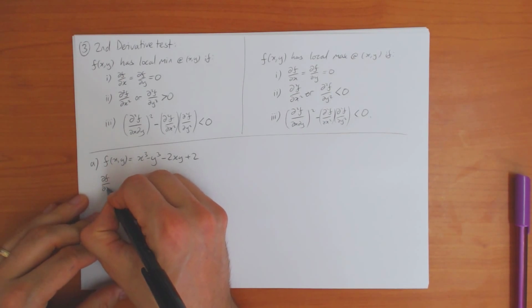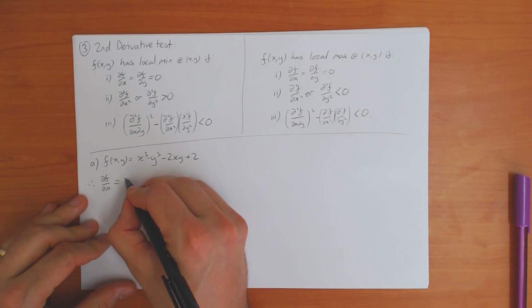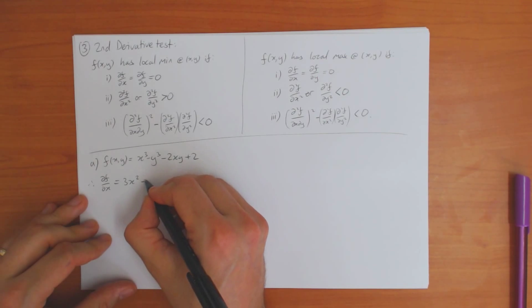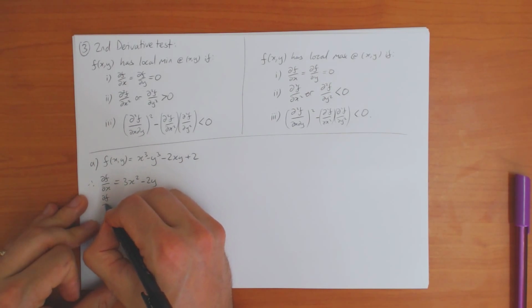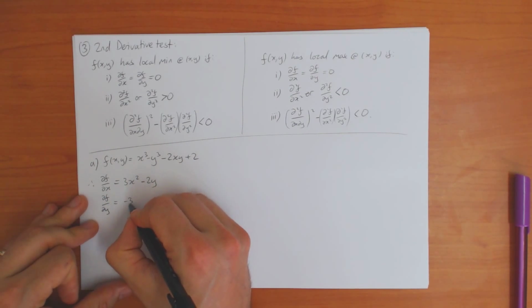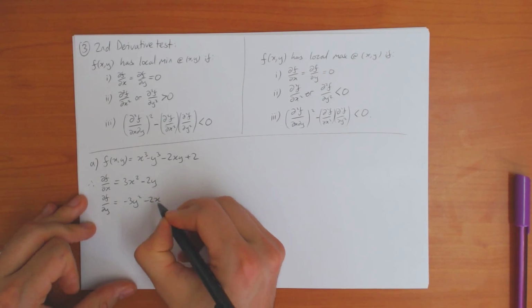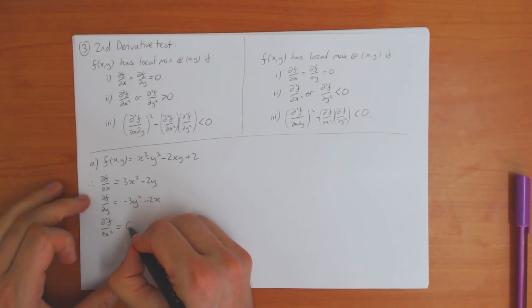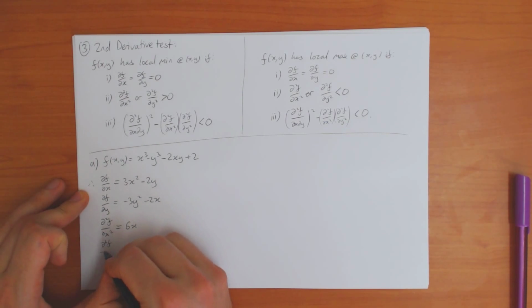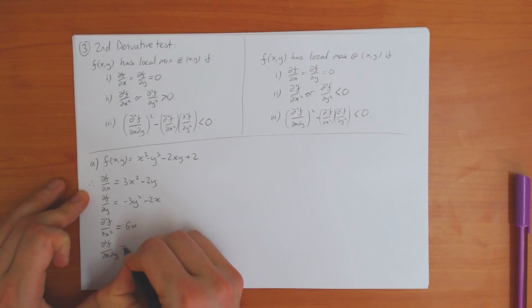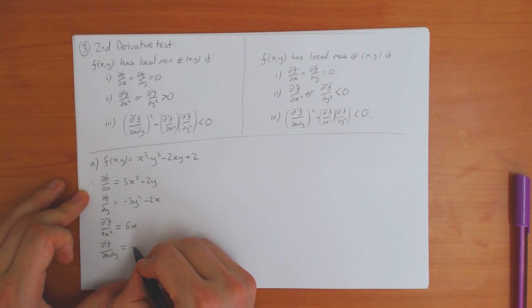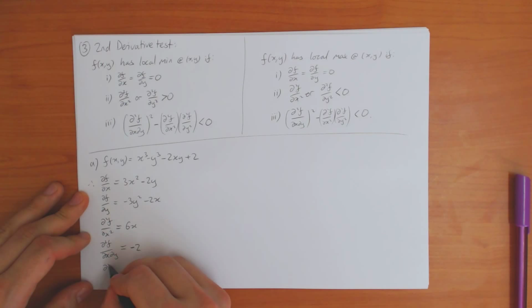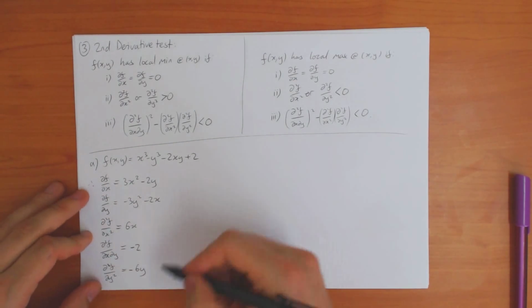So df by dx is 3x squared minus 2y. df by dy is minus 3y squared minus 2x. d2f by dx squared is 6x. d2f by dx dy is minus 2, and d2f by dy squared is minus 6y. Okay, so these are all the derivatives that we'll need.